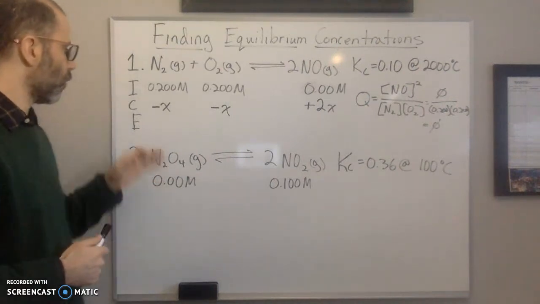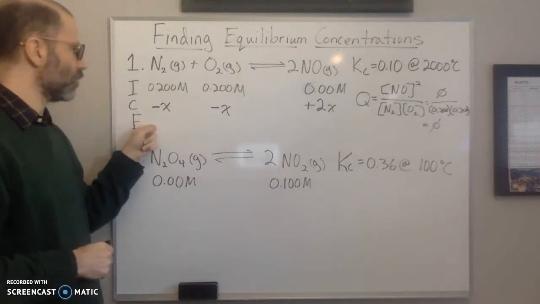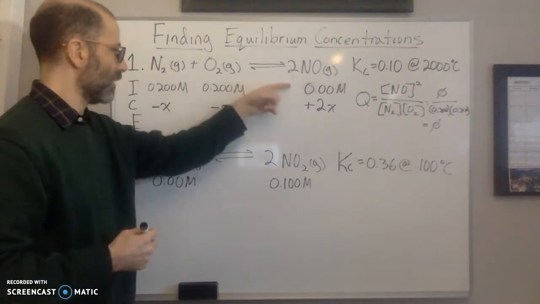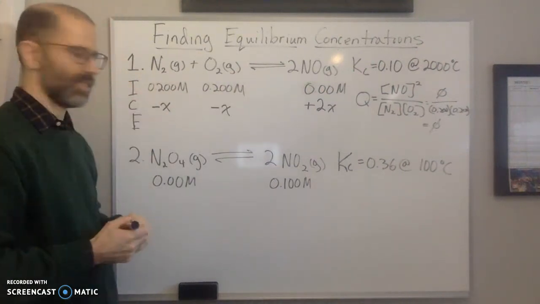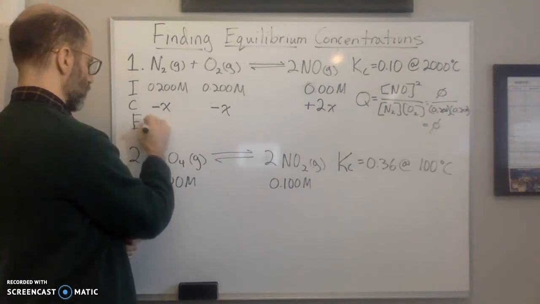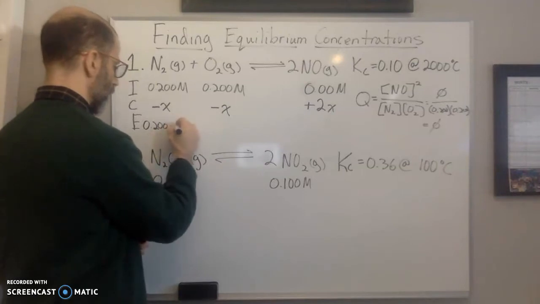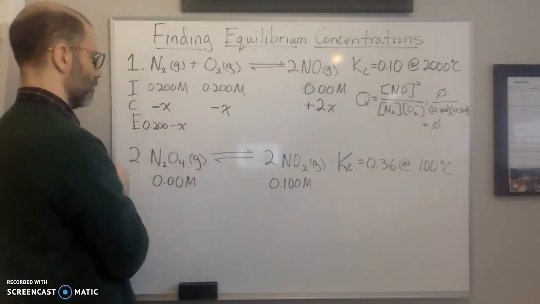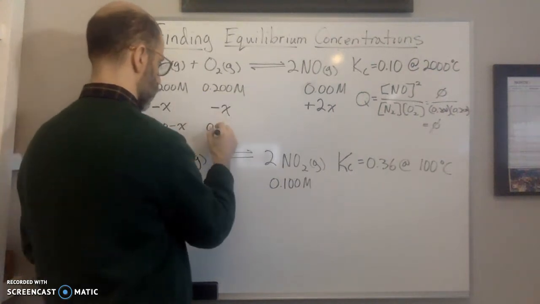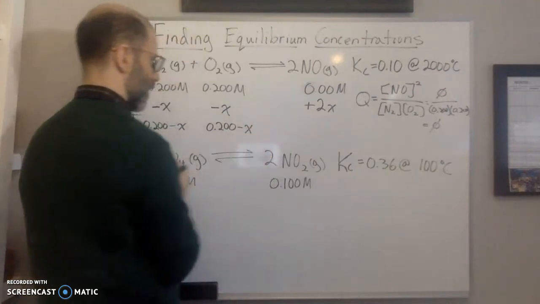Okay, so once we have our change, the amount at equilibrium is going to be these two, the I and the C added together. So the amount at equilibrium here is going to be 0.200 minus x. And the same thing here, it's going to be 0.200 minus x.